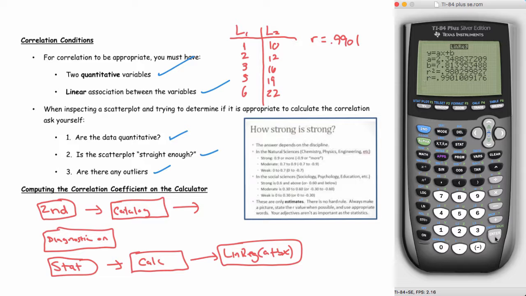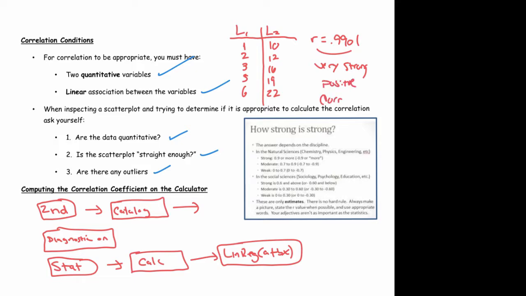Now that is a very strong positive correlation. Again, I made these numbers up, but if you were to plot those points, you'd see that the relationship is very linear, and an R value close to 1 means that the relationship is very strong and positive. So we could say there's a very strong positive correlation.